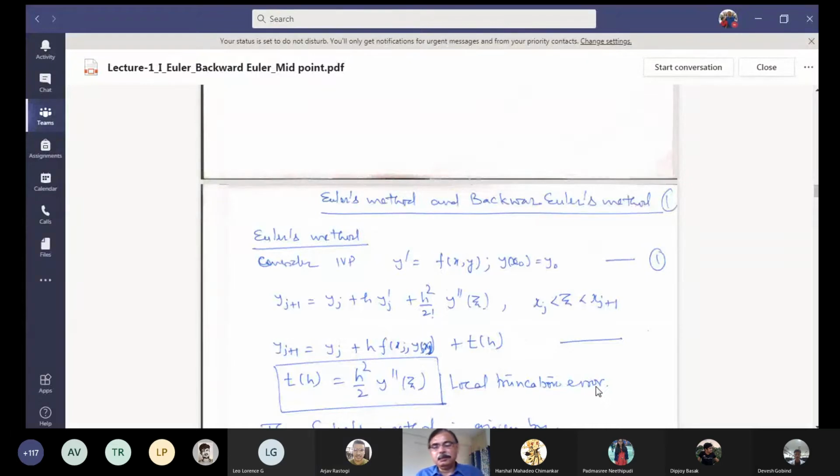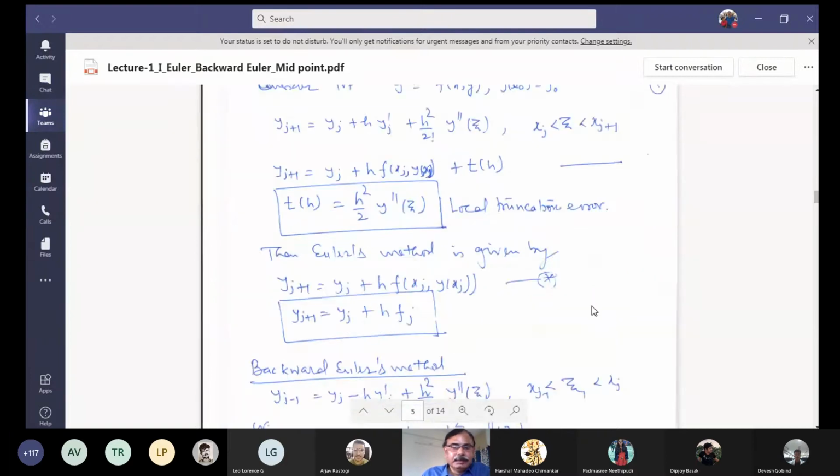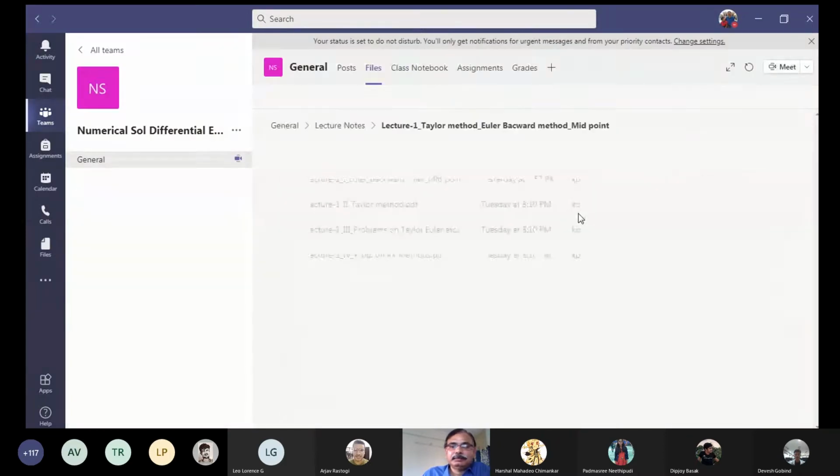Okay, so before I proceed further, let me explain this through one example so that at least this portion will be clear to you. So maybe I have to use another slide before I proceed. Just wait for a moment.